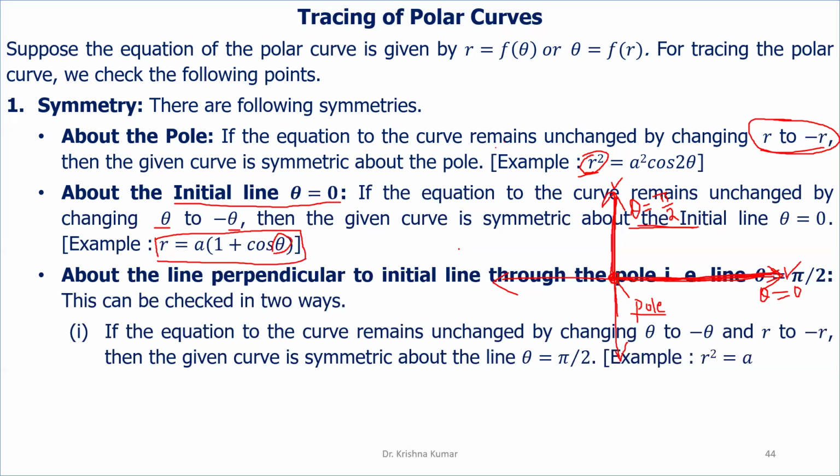For example, r square equal to a square cos 2 theta. Here, if we replace r by minus r and theta by minus theta, the equation of the curve will not change. So therefore, this curve is symmetric about the line theta equal to pi by 2.